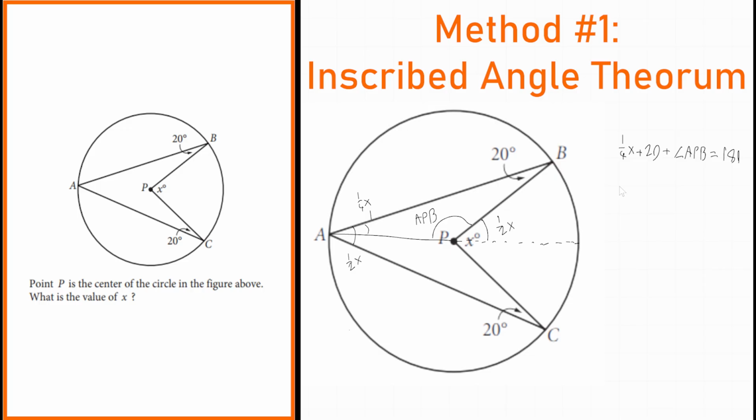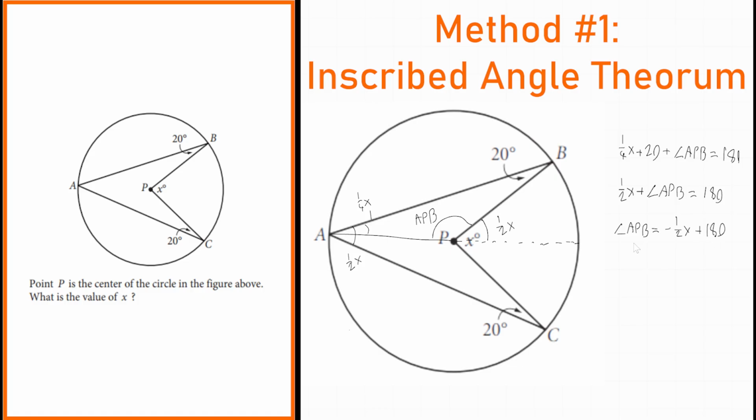So we can say that 1/2 X plus angle APB equals 180 degrees. Now, if we solve this side for angle APB, we get angle APB equals negative 1/2 X plus 180.